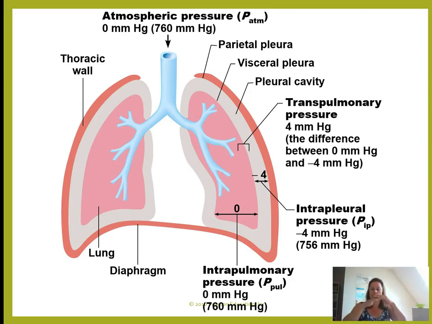You can see how when it goes from an arch to a straight line, we have a pulling down. So when the diaphragm contracts and goes lower, the pressure inside the lungs is going to be lower. So that's going to cause us to pull in because we're pulling down the lungs.